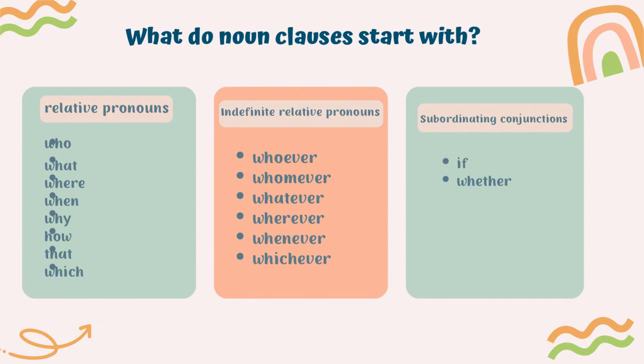The second one is started with indefinite relative pronouns, such as whoever, whomever, whatever, wherever, whenever, and whichever. And the third one, noun clause started with a subordinating conjunction, such as if and whether.